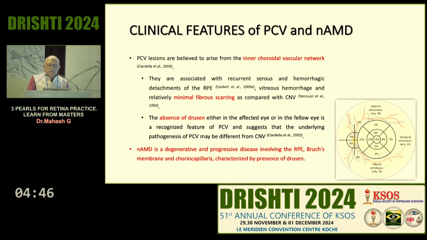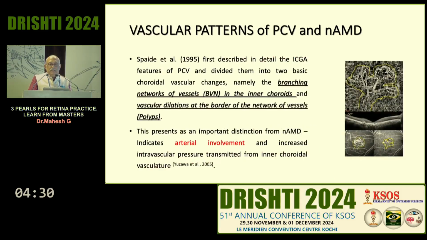Neovascular AMD, on the other side, affects the retinal pigment epithelium, Bruch's membrane and choriocapillaris. But in PCV, the RPE gets affected secondary to hemorrhage or exudation, so it is not primary. This is the difference between PCV and AMD. The vessels in PCV are larger, mature vessels, with more polyps and a branching vascular network, and there is an element of arterial involvement also.